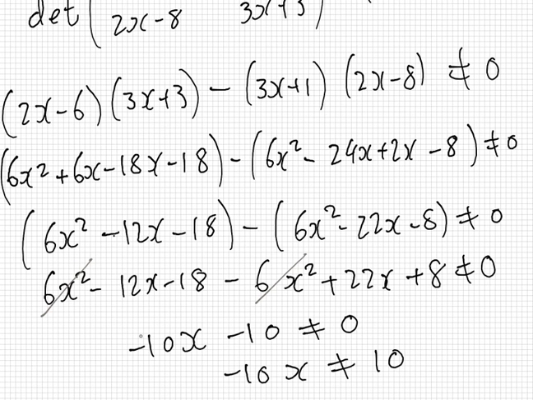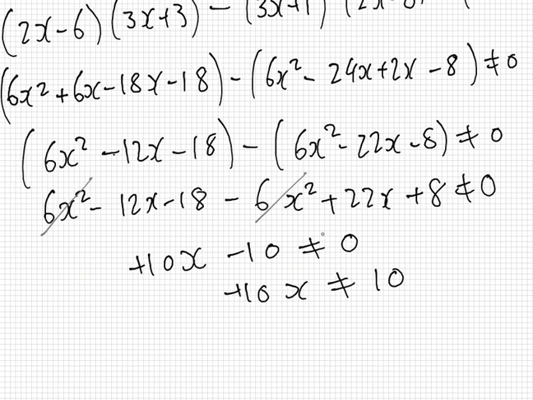So 10x is not 10, so x is not 1. So that's the answer. This matrix has an inverse only if x is not 1. If you use any number except 1, it has an inverse. But if you use the number 1, it has no inverse.